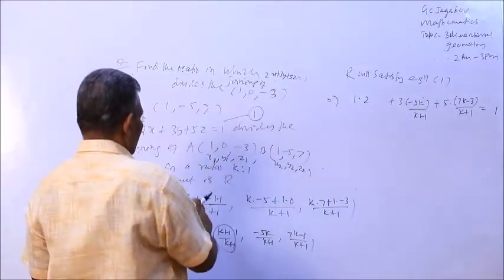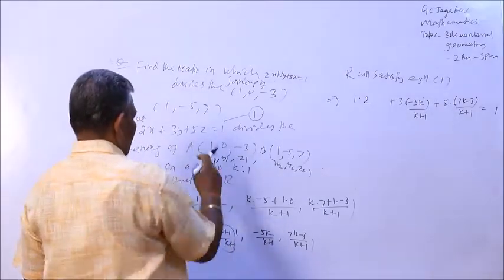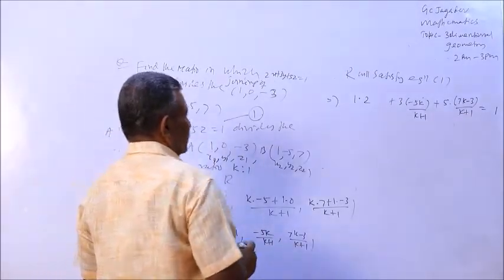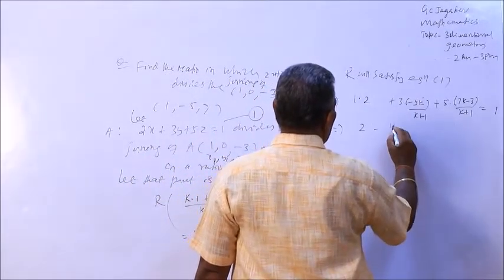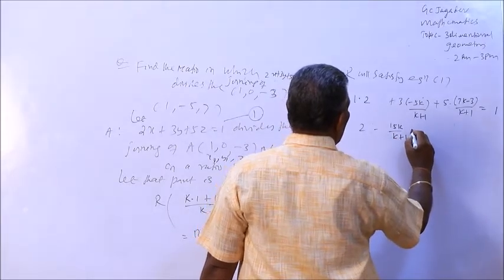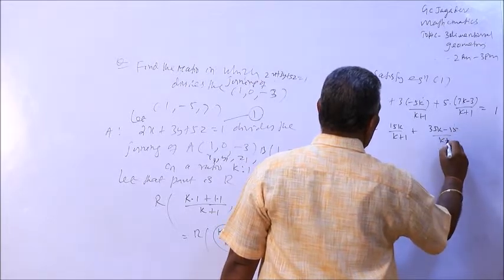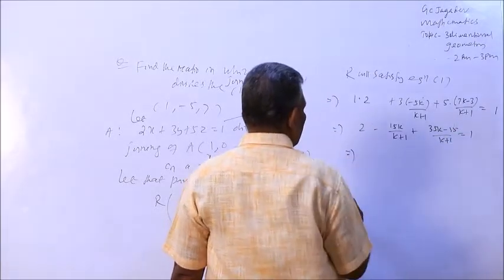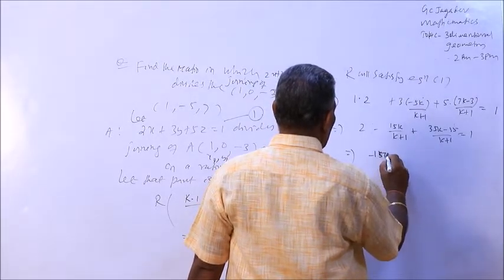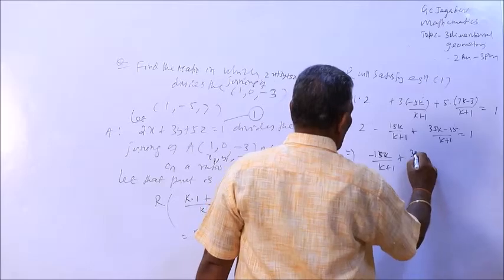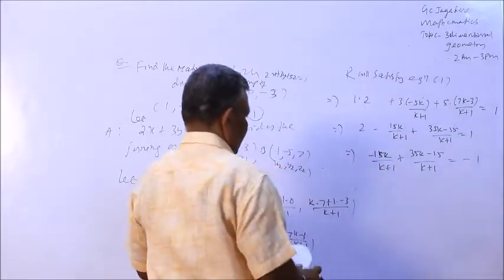I am just putting in place of x 1, in place of y minus 5k by k plus 1, in place of z 7k minus 3 by k plus 1. That implies 2 minus 15k by k plus 1 plus 35k minus 15 by k plus 1 equal to 1. That implies minus 15k by k plus 1 plus 35k minus 15 by k plus 1 equal to minus 1.